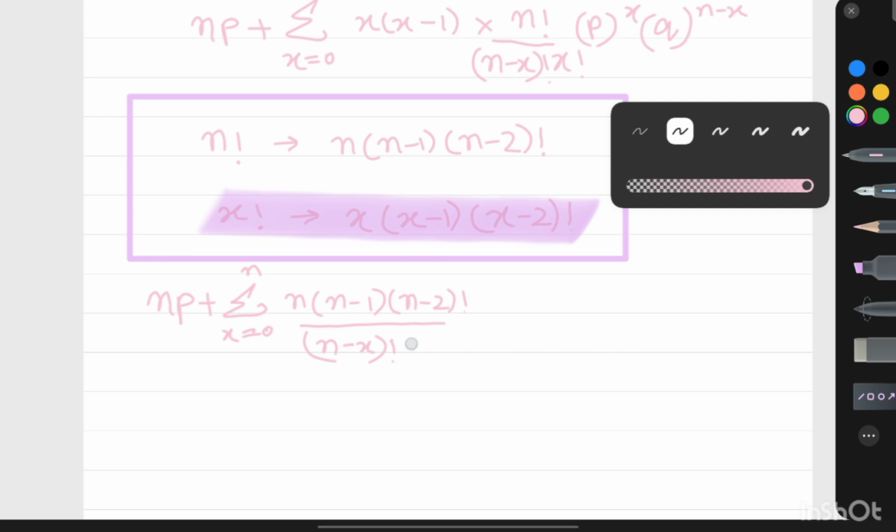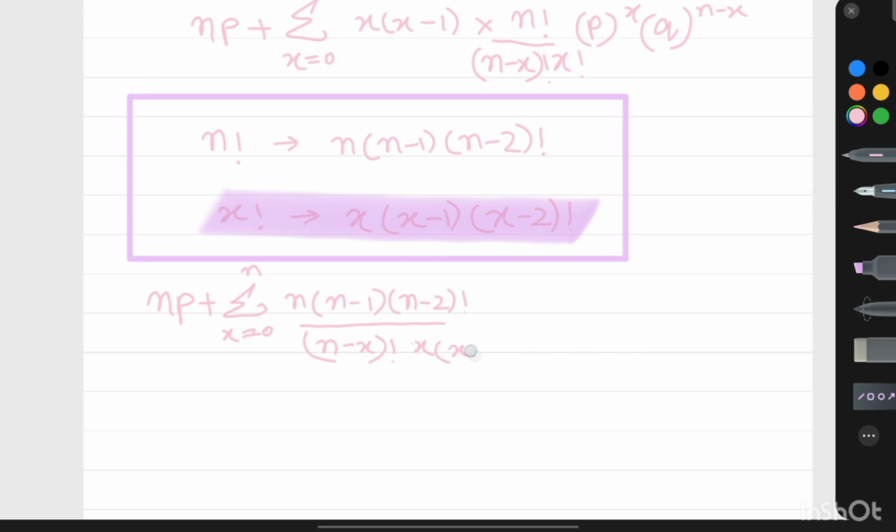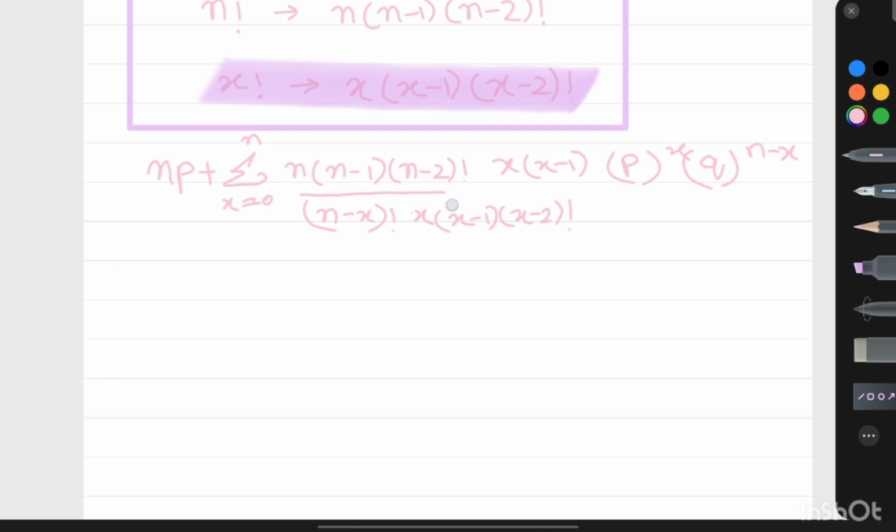So we will write it here: x minus 1 and x minus 2 factorial. Okay, and this x minus 1 was written as same. Okay, now p and x will be written as same. There's no change needed right now. Now this get cancelled with this, right? And can we write p as this?